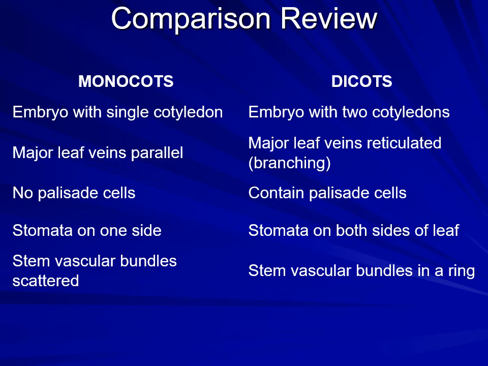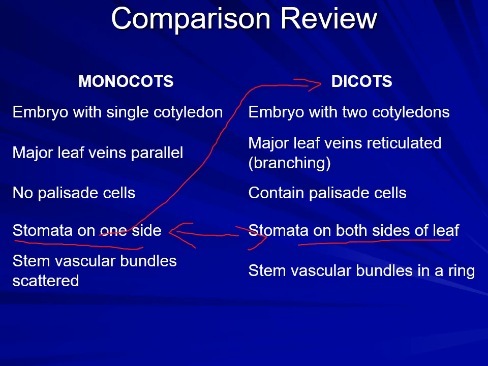There are no palisade cells in monocots, and there are palisade cells in dicots because, again, the leaves are held out horizontally. Monocots, oh, guess what? This didn't get tripped. This should be reversed. I'll fix that in the slides that you download. Maybe I put it there for a trick. Stomata on one side, that's dicots.